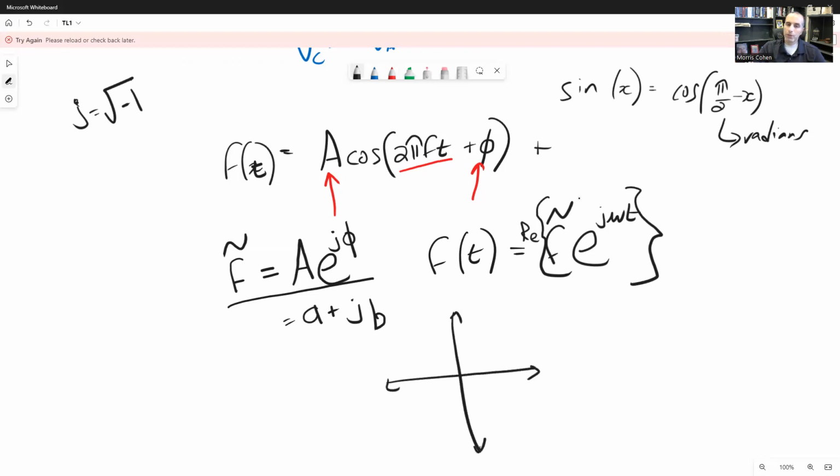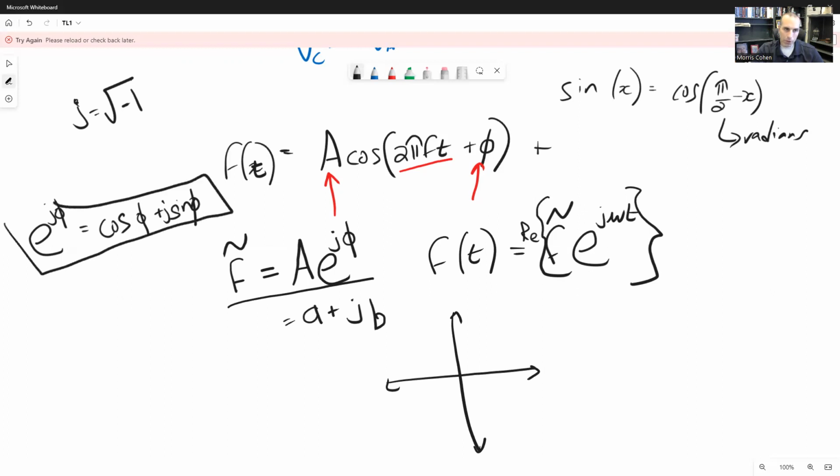It turns out if you do a Taylor series expansion on e to the j phi, it works out to be cosine of phi, sorry, that's phi, not theta, cosine of phi plus j times sine of phi. You can verify this with Taylor expansion.